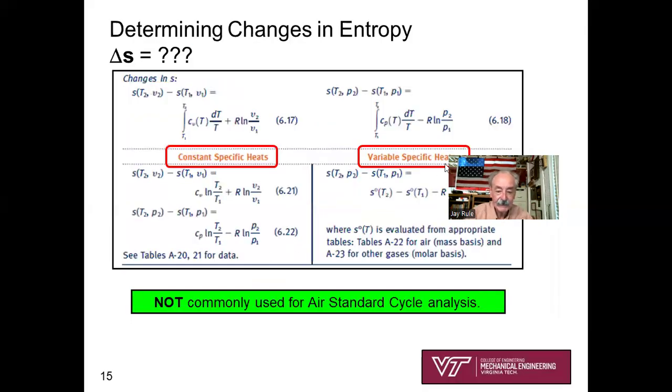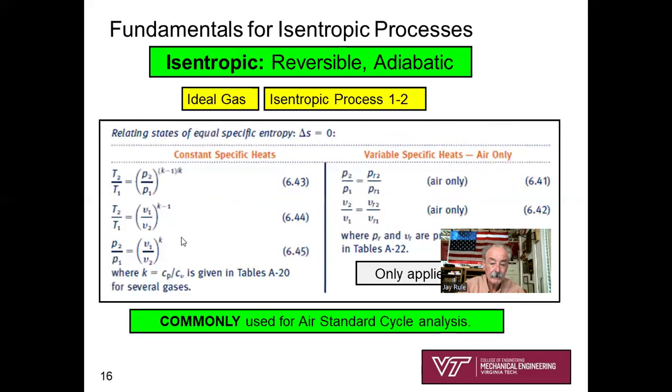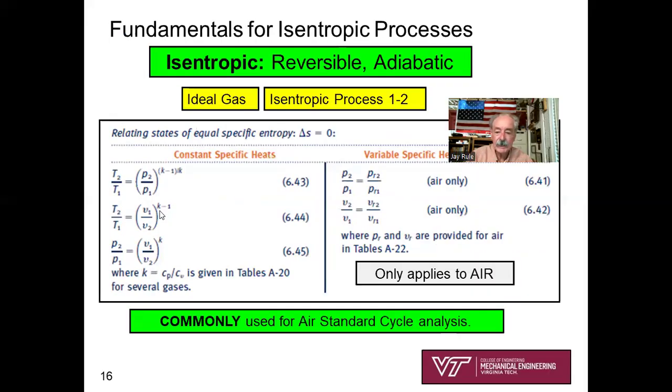Same idea here in terms of looking at changes in entropy and in fact dealing with isentropic processes. And here we go. This is near the bottom of that table in your textbook, dealing with isentropic processes. Well, look at those formulas. Those formulas are given in the book.